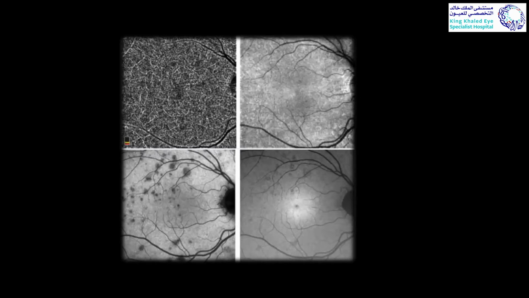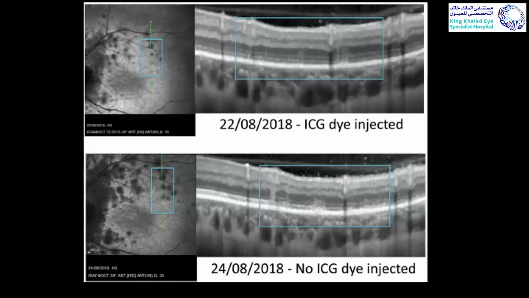However, he could see changes at the level of the RPE and photoreceptor layer. This is one of his patients when he did an ICG, and he found this area. You can see to the top left that there is an area of hypofluorescence corresponding to the area of photoreceptor loss. And 2 days after the ICG, he did another photo without injecting the ICG, and he found more lesions causing hypofluorescence.